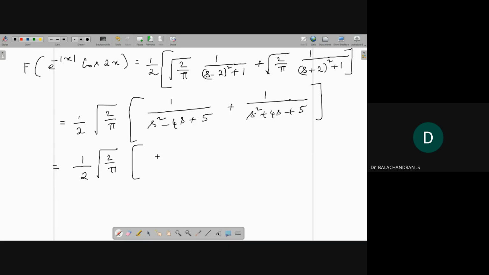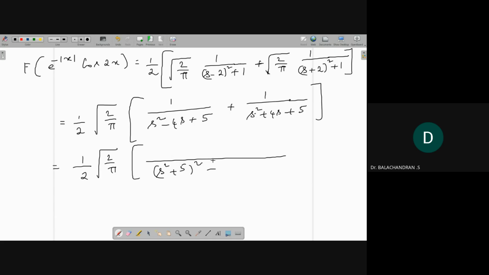You can write the denominator as s square plus 5 whole square, using a plus b into a minus b, where s square plus 5 is a and b is 4s.